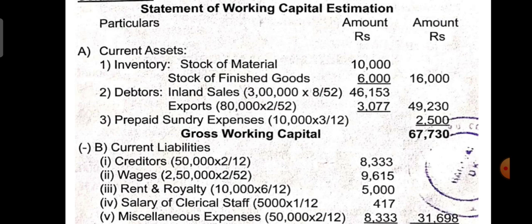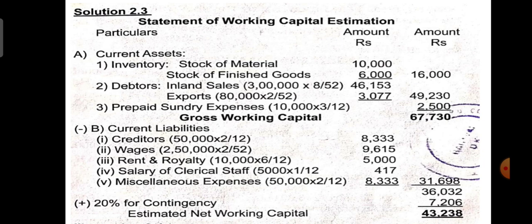Therefore, net working capital is 36,032. Plus 20% for contingency: 36,032 into 20% is 7,206. So the estimated net working capital is 43,238.